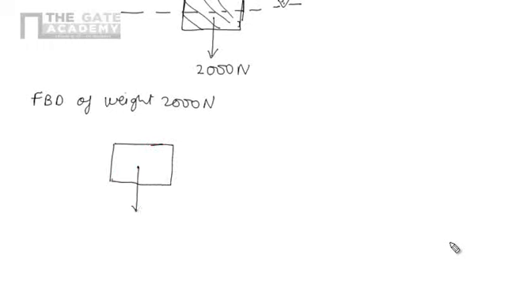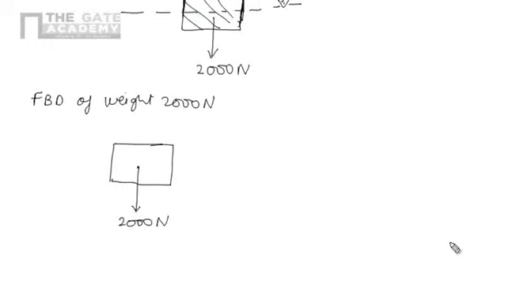Here the weight of the block is 2000 Newton, acting in a vertically downward direction. And here if you see there are two contacting surfaces, so there will be a frictional force here.